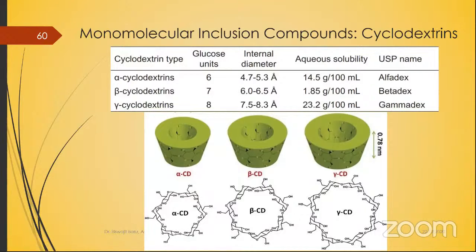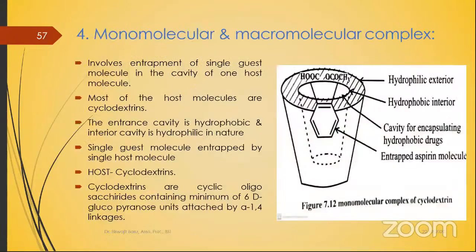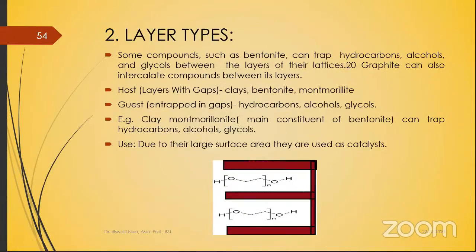Okay, if anyone has any doubt, tell me. Shall I tell the example of the guest molecule of layer type? Layer type, this one, right? The guest molecules are hydrocarbon, alcohol and glycol, and the host molecule is bentonite or clay. This clay molecule can trap hydrocarbon, alcohol or glycol.